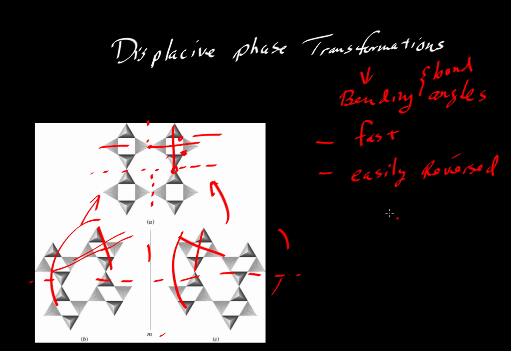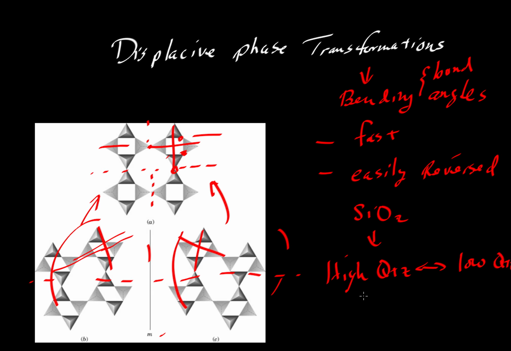Just to take one example, we looked at the SiO2 system in reconstructive. We can look at another pair of phases here. We can look at so-called high quartz, and it can transform to something called low quartz. And so we'll just abbreviate that as QTZ.